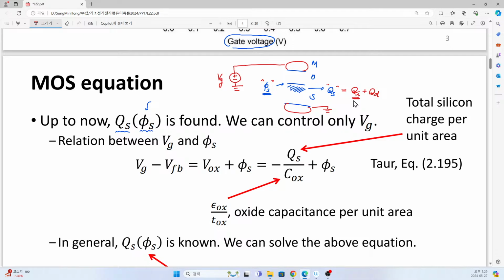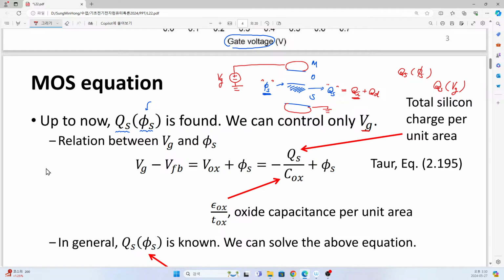That is the overall situation. Now we can control only VG, so we have to find out QS not as a function of phi s, but QS as a function of gate voltage.